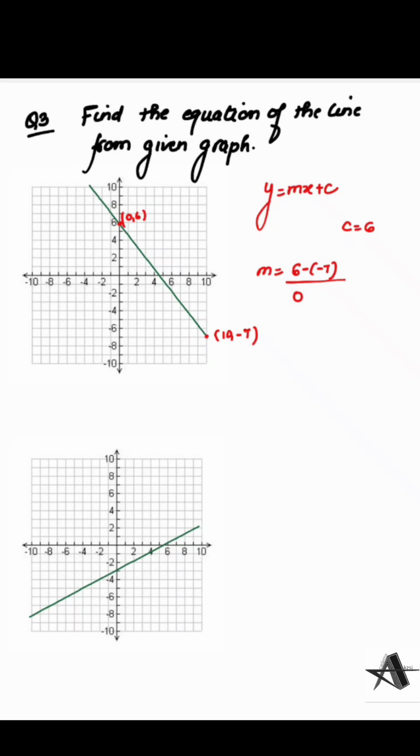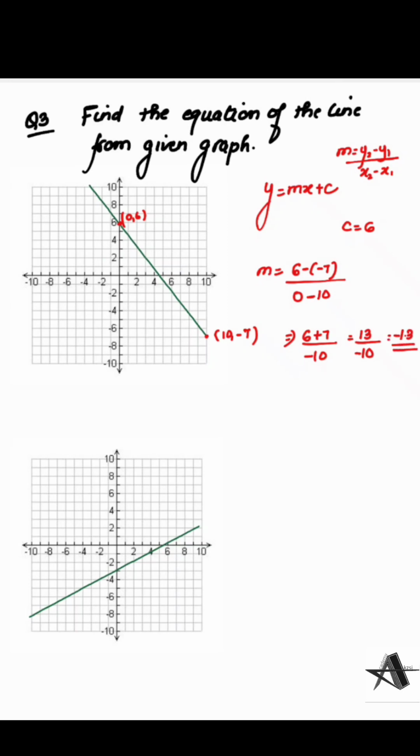And gradient is change in y over change in x, or in gradient form, it would be y2 minus y1 over x2 minus x1. So 6 minus -7 over 0 minus 10. Here, 6 plus 7 over -10. This is 13 over -10 or -1.3.